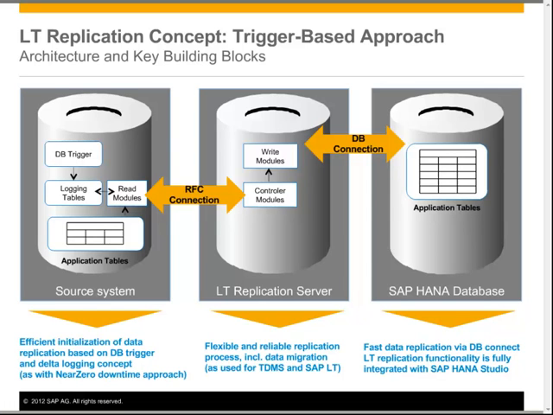Now these logging tables are specific to LT replication. So it's these logging tables that the read modules then transfer to the LT replication server with an RFC connection. So they go into controller modules, and then we have write modules that via a database connection would write into HANA.